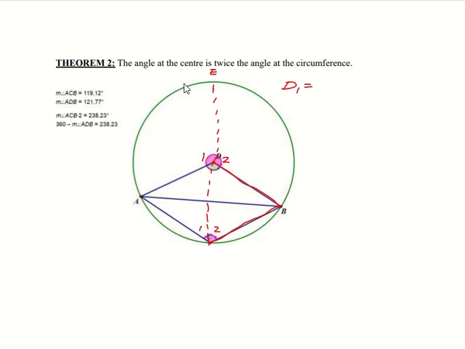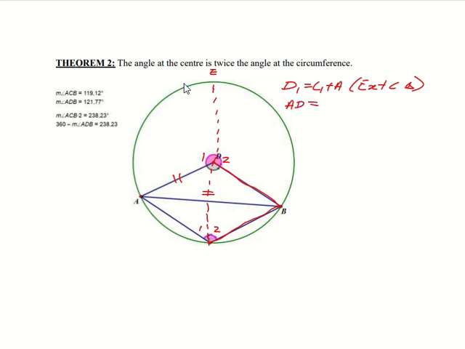So now, because the exterior angle of a triangle is equal to the sum of the interior opposite, it means that D1 is equal to C1 plus A. But now we have that AD is equal to DC because they are radii.